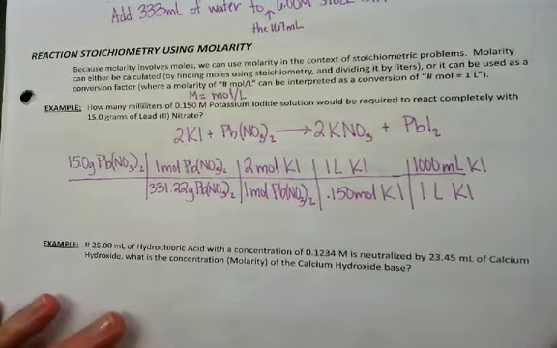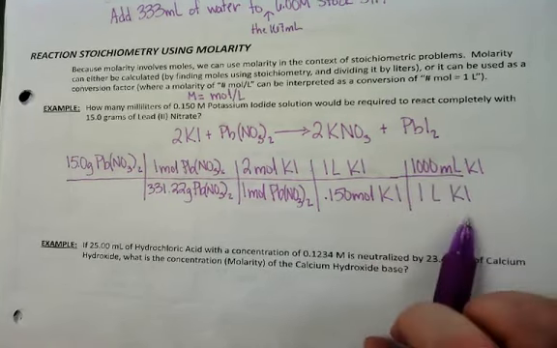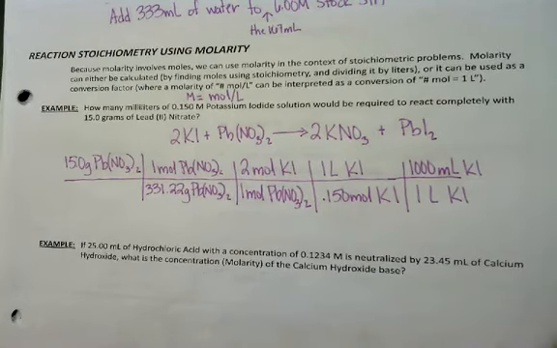But if you did your 1e negative 3, then it would be 1 milliliter on top, 1e negative 3 liters on the bottom. Multiplying by 1000 is the same as dividing by 0.001. Okay, so then go ahead and solve.